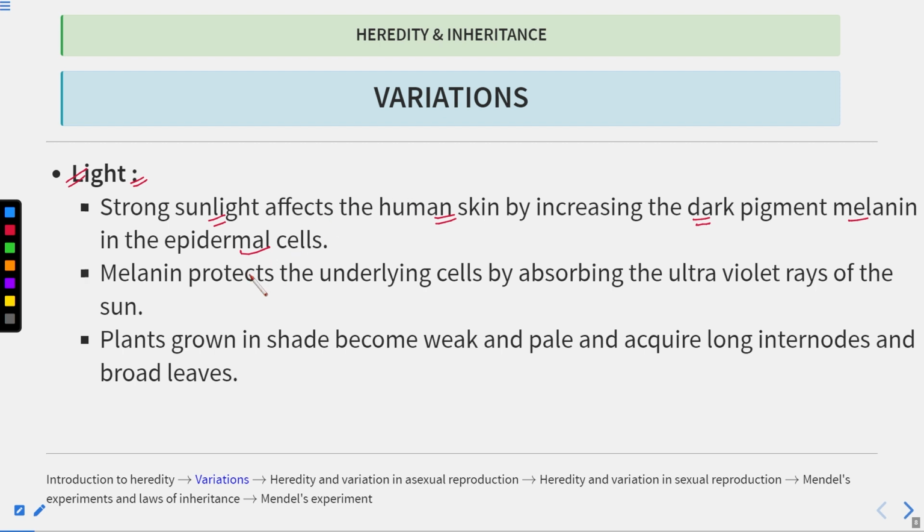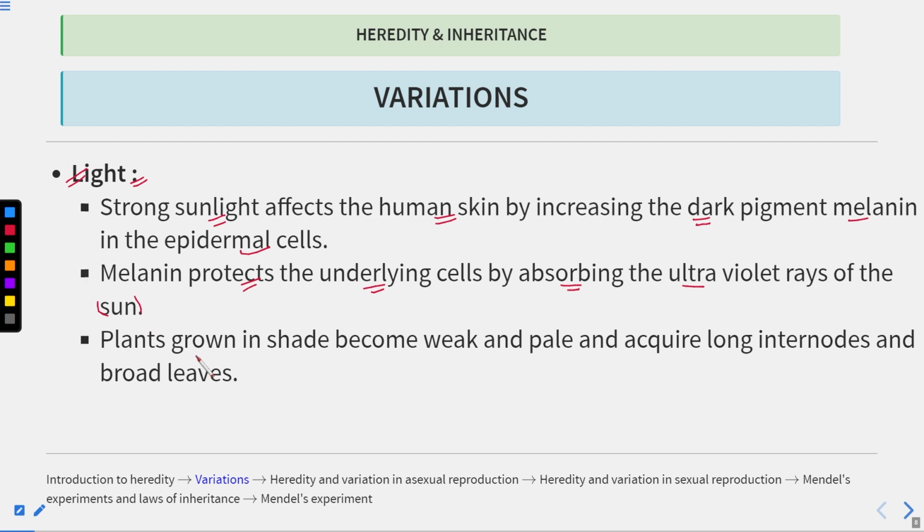Now, what is the role of melanin? Why does its level increase? Because melanin protects the underlying cells by absorbing the ultraviolet rays of the sun. Sunlight consists of ultraviolet rays, so melanin pigments protect the skin from them.